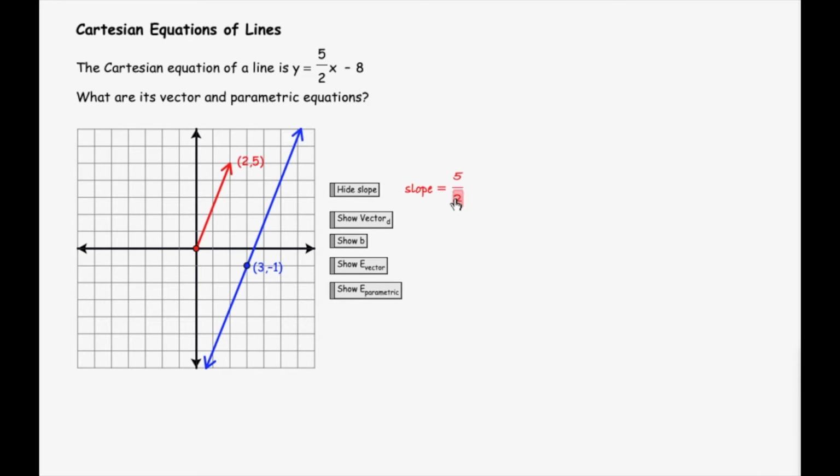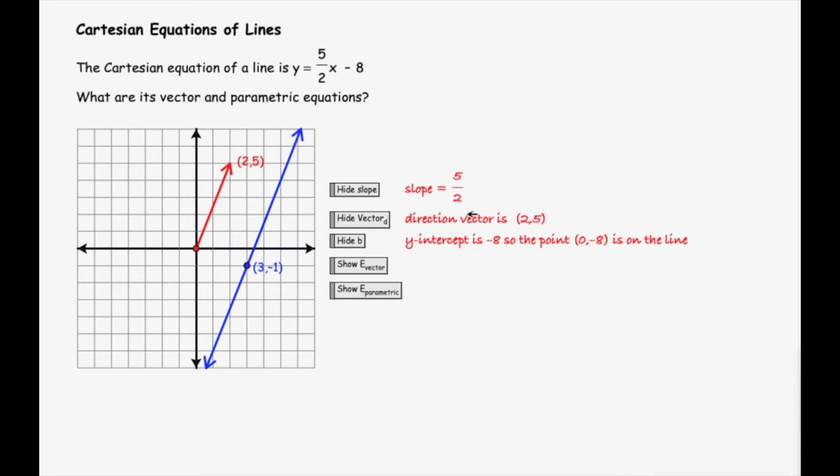If the x coordinate changes by 2, then the corresponding y coordinate has changed by 5, and that's really what a vector does. But when we write it in vector form, we do the x component first, so the 2 will come first, comma 5. There's the direction vector. We need a point on the line. Well, they did tell us that the y-intercept was -8, and of course that means the point 0, -8 is on the line.